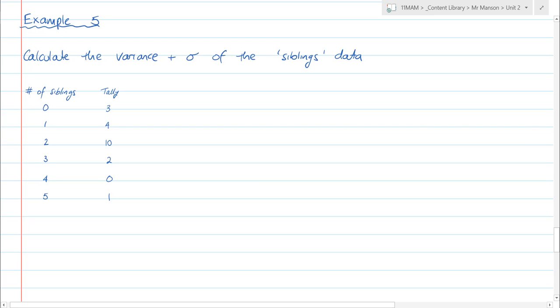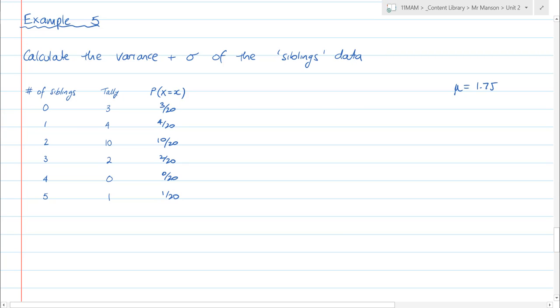And so I'll go through again. I'll start by writing down my probability that x equals x, and we had these before: 3 over 20, 4 over 20, 10 over 20, 2 over 20, and 1 over 20 here, and 0 over 20 there. And then I'll work out, remember we worked out our average earlier. What was our average earlier? 1.75.